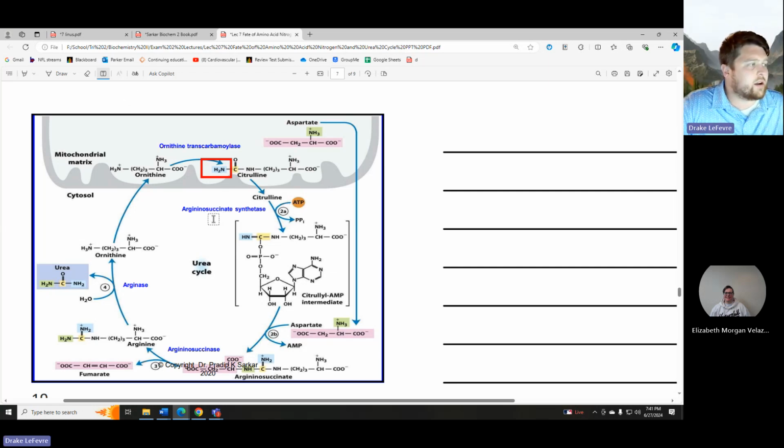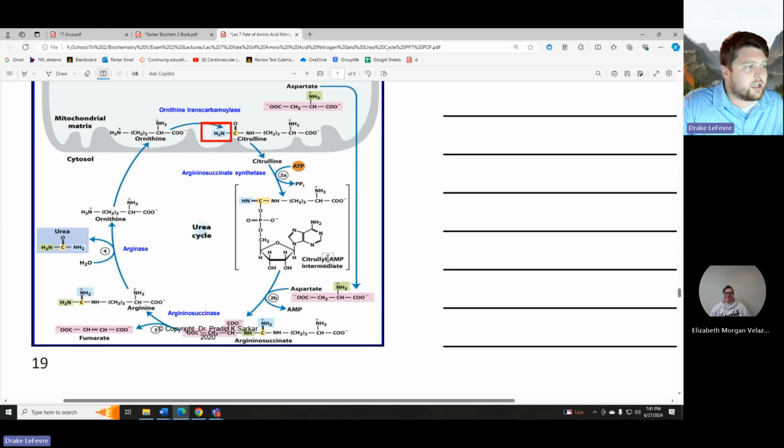Citrulline gets acted on by argininosuccinate synthetase, gets converted to the citrullyl-AMP intermediate, keeps going, and turns into argininosuccinate. Argininosuccinate synthetase makes argininosuccinate. Argininosuccinase then acts on it to turn it into fumarate, where you get fumarate and you get arginine.